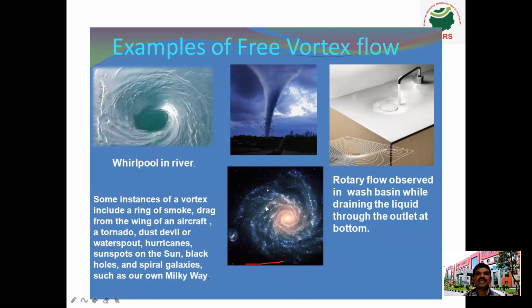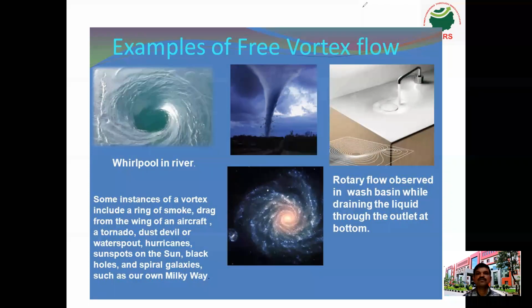And this is the Milky Way, our universal Milky Way, which is also a free vortex. These are all the best examples of free vortex. In forced vortex, we have to give some force manually or mechanically, but in free vortex we don't need external force, it occurs automatically.